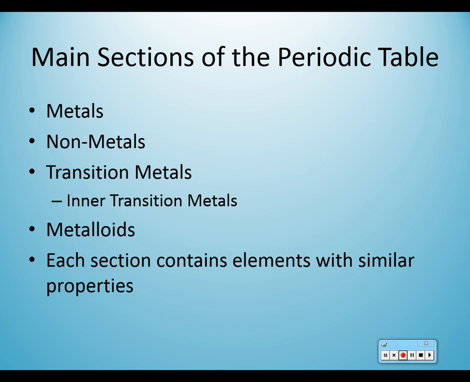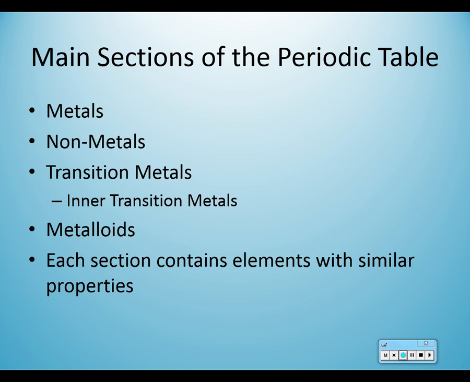When we classify things, we're looking for sections where elements have similar properties. The closer they are to each other, the better the classification system, because then we can make predictions about what other things in that group are like based on what we know about the things already in that group. Okay?